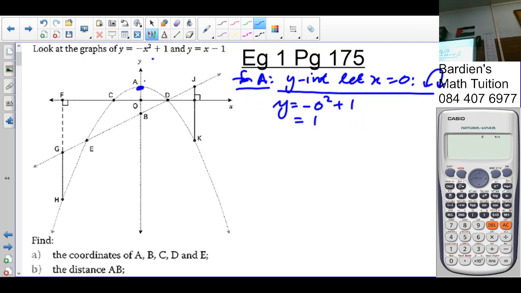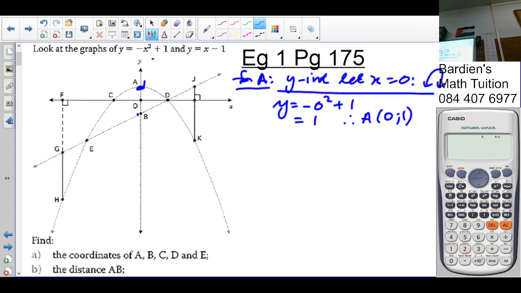But I haven't answered the question. They want the coordinates of it. So therefore A would be 0 and 1. You guys understand? Okay.